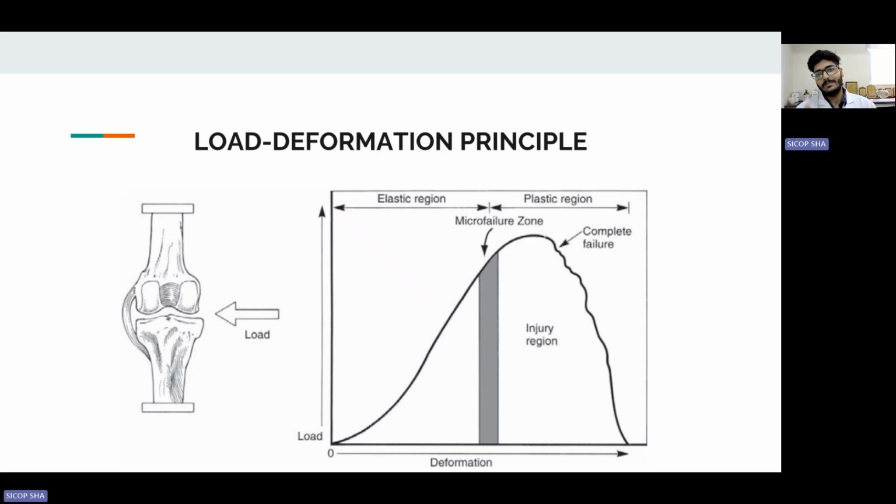But the moment it crosses the microfailure zone and goes into the plastic region, it will deform permanently and cause an injury. So the abnormal amount of stress is falling on the body, the higher ground reaction force, because the running gait gives higher ground reaction force as compared to the normal walking gait, and the extrinsic and intrinsic muscle activity will cause you an injury.